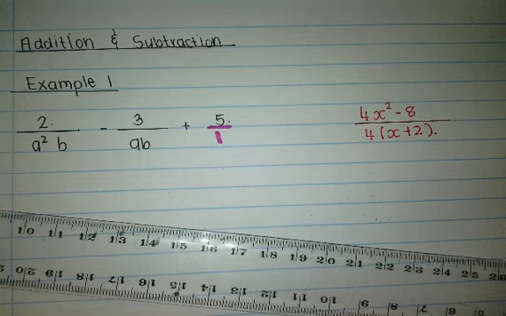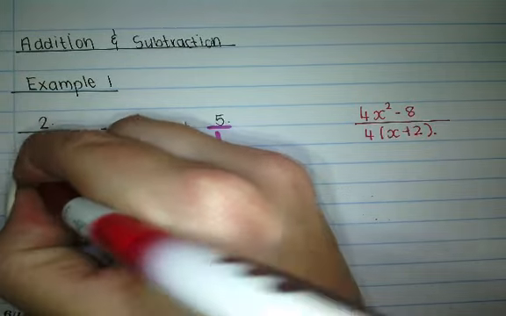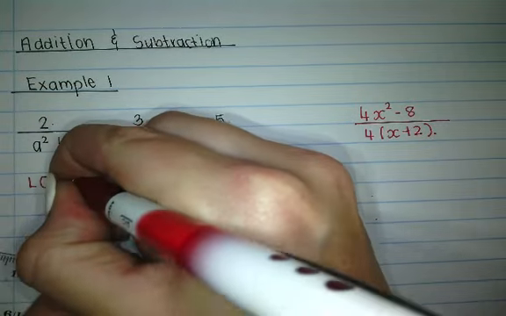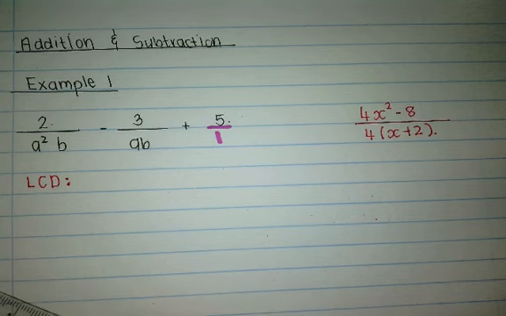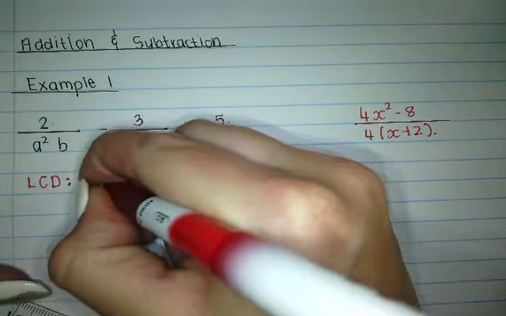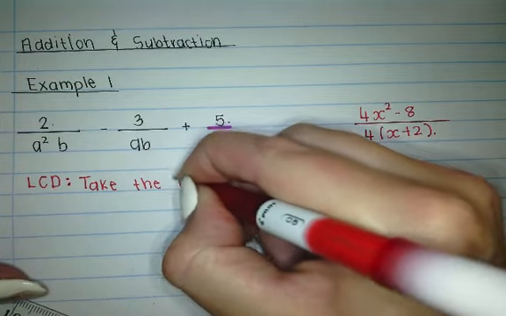When we need to go and find the LCD, I want you guys to make a note over here. This is how you're going to find the LCD. You are going to take the highest exponent of each base. You remember this?